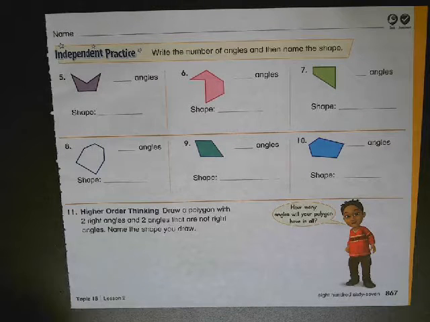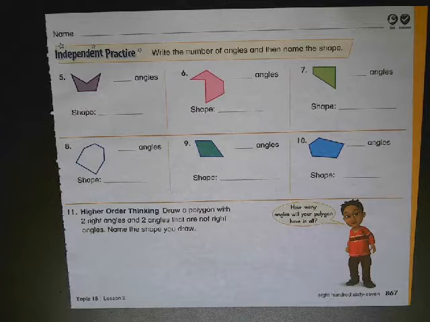There's a couple different types of angles. There's acute angles, and there's obtuse angles, and there's right angles. Right angles are like square angles. And acute angles are less than 90-degree angles, and obtuse angles are greater than 90-degree angles.